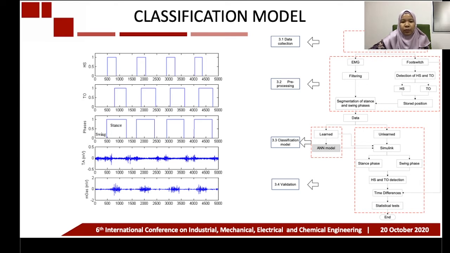Learned data were used to design the ANN model with different configurations such as number of inputs and training algorithm, namely Levenberg-Marquardt and scaled conjugate. The ANN model with the highest accuracy was selected to predict the learned and unlearned data of gait event through Simulink.